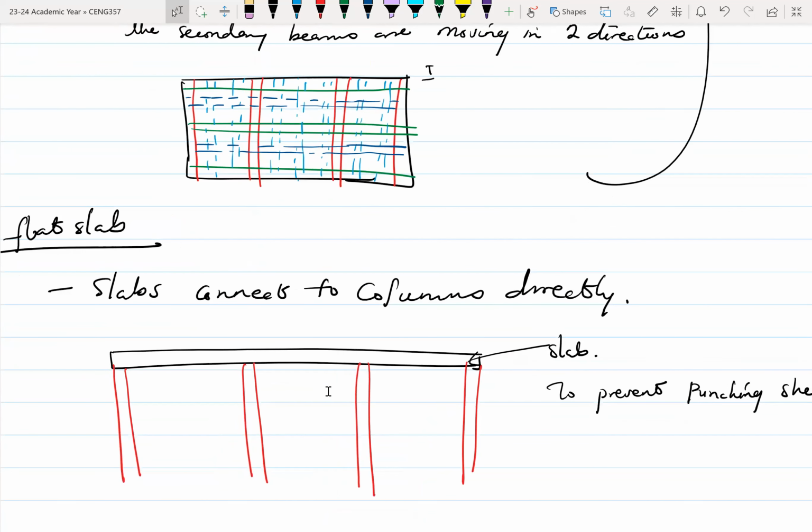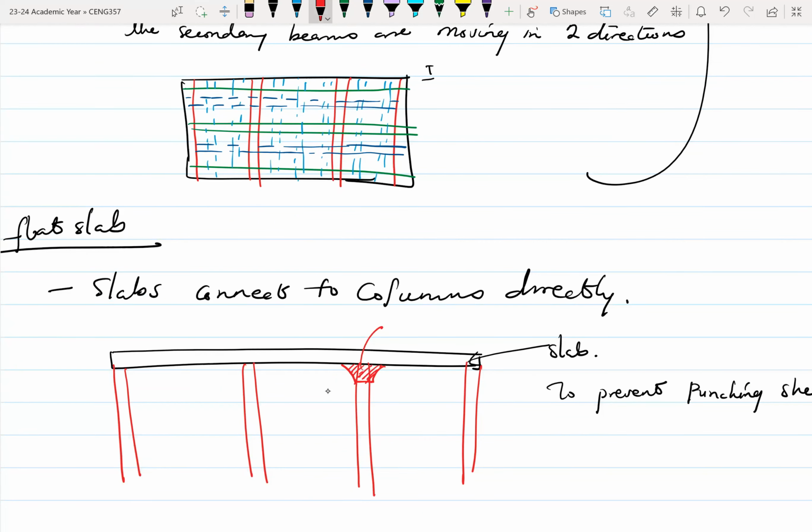So instead of the column directly connecting to the slab, we can actually change the column head. Maybe instead of it coming this way, we can say, okay, then it should bend a little bit so that we increase the surface area that the column has for connection.